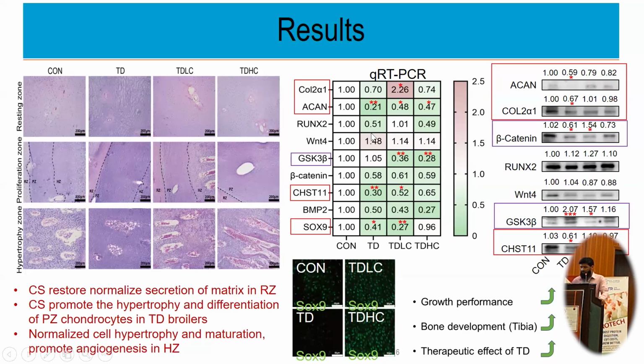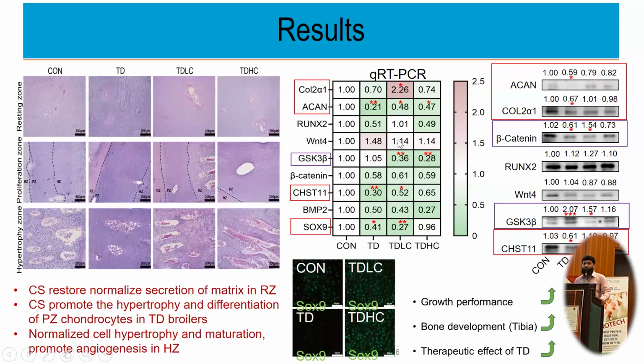RT-qPCR results indicate the expression of our important gene, CST11, is decreased, which is mainly important in this pathway, while the other related genes of this pathway are also showing less expression compared to the normal groups.